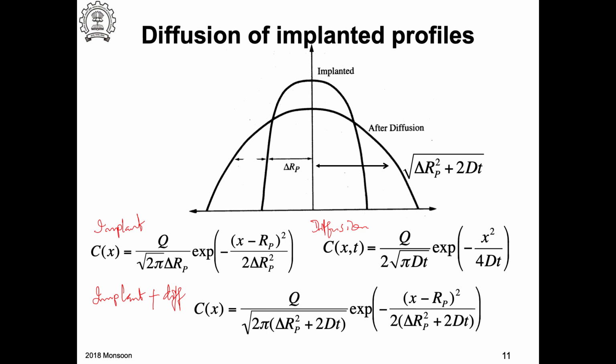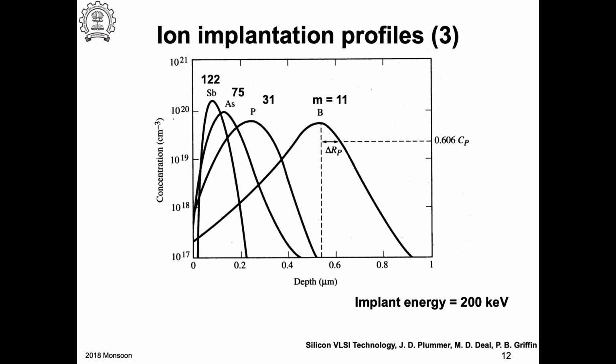Okay, now if I look at the implantation profile, essentially what you're doing is you have different dopants, for example, antimony, arsenic, phosphorus, and boron.